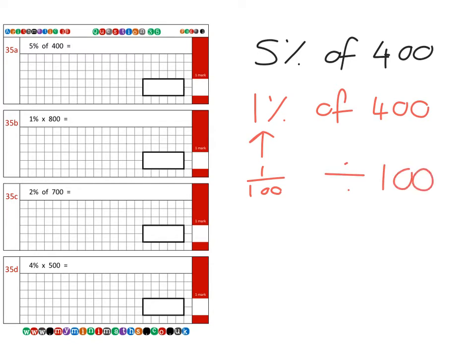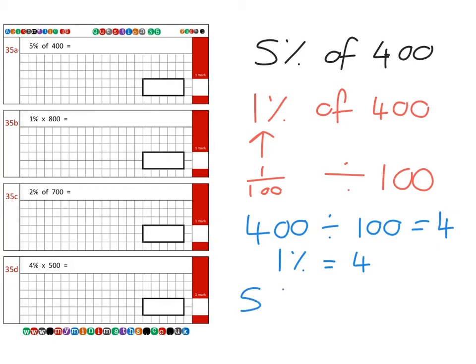Divide the 400 into 100 smaller pieces. So 400 divided by 100 equals 4. So 1%, 1 out of the 100, equals 4. So therefore, 5% is going to equal 5 of these, which is going to give us a grand total, of course the same as before, of 20.